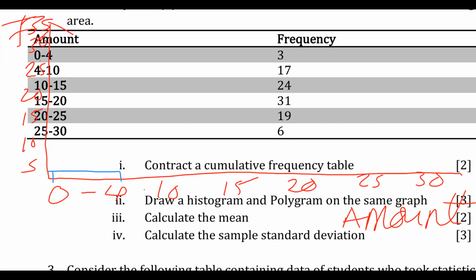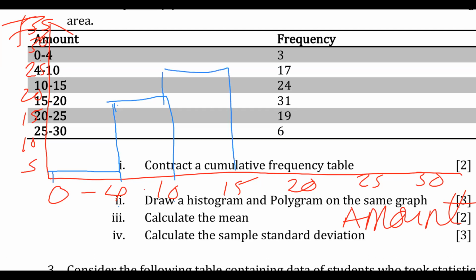And then you come up from 4 to 10. What is the frequency? It's 17. 17 is between 15 and 20, somewhere there next to 20, like that. And from 10 to 15, what's the frequency? It's 24. 24 is just near 25.